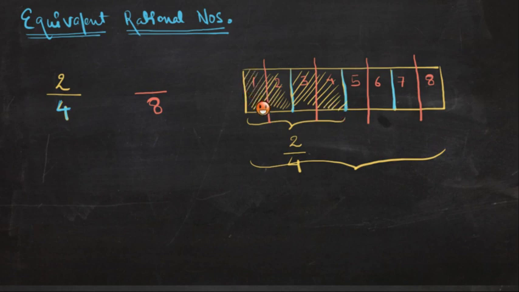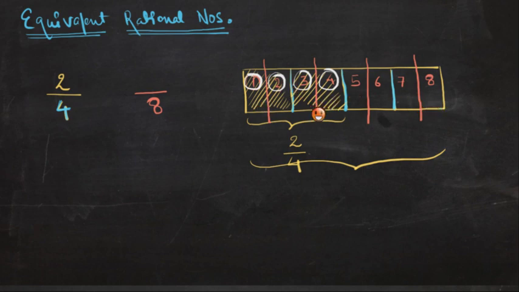The first part is shaded, second part is also shaded, third and fourth, both of them are shaded. So I have actually shaded 4 parts out of these 8 equal parts. And just remember, I haven't changed anything. The shaded part is still the same.